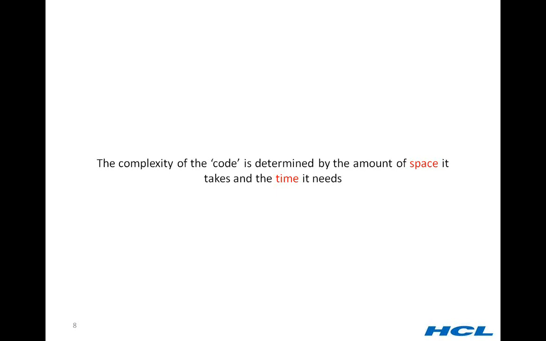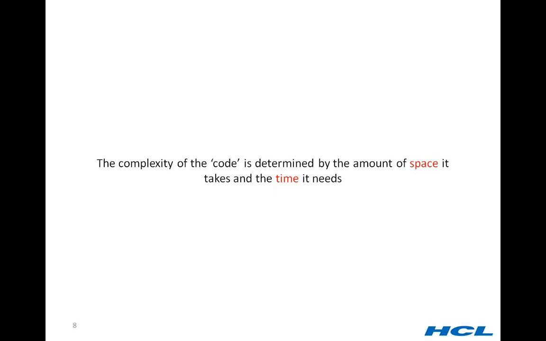We call them polynomial algorithms, and there are certain types of problems that you classify as hard problems. In other words, they are called non-deterministic polynomial algorithms. Let's not get into the details of algorithms here, but the point I would like to make is that these two are the major dimensions in determining the complexity of the code that we write.